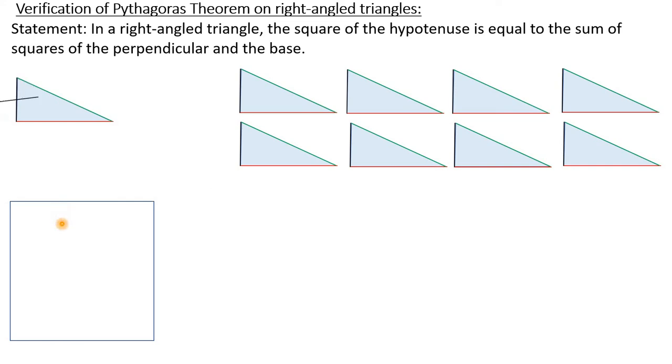See here, the perpendicular, I have taken it over and it is aligned from the left. So the perpendicular and base put next to each other like horizontal lines completely cover the length of the side of the square. Therefore, the length of the side of the square is equal to the sum of the perpendicular and base of the given triangle.